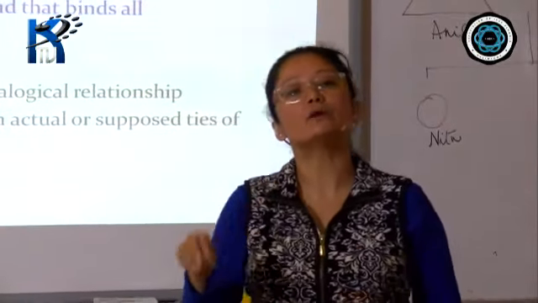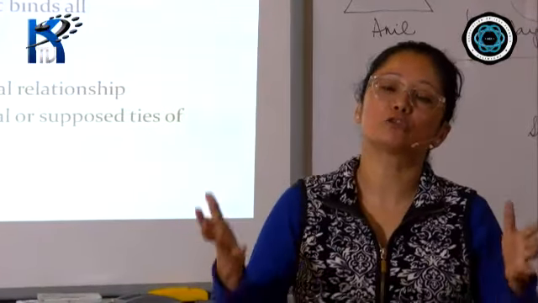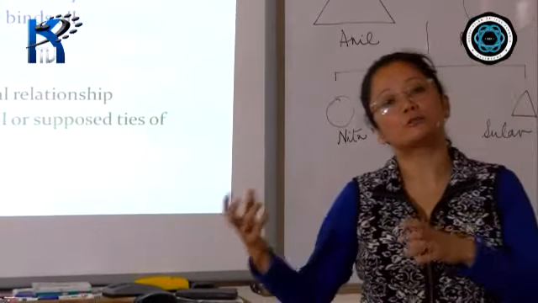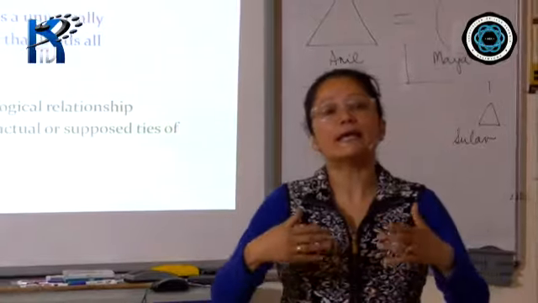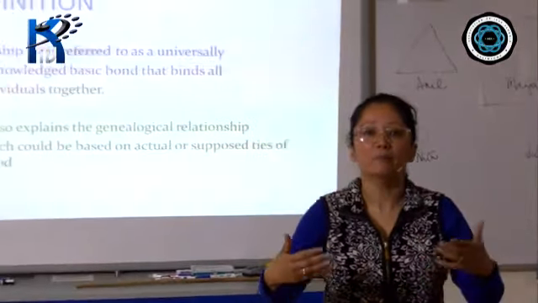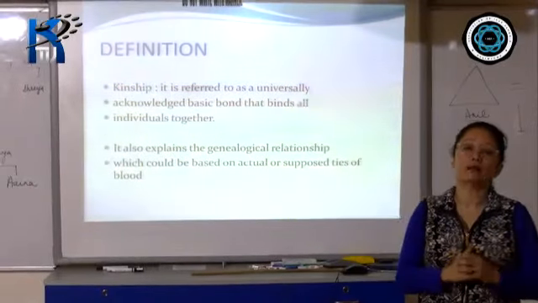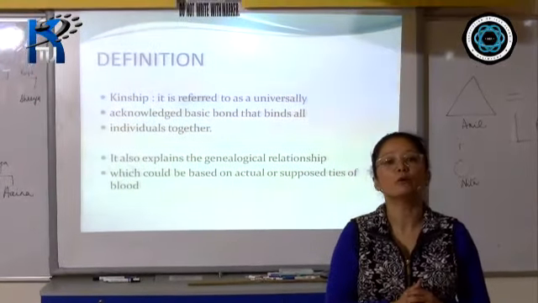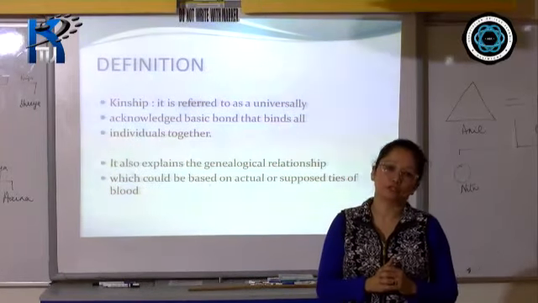Once a man and woman marry, and they have children, they reproduce, the children will also grow up, they will also marry somebody else, they will also have children. In this way, we will have multiplication of family members, and along with it, the multiplication of social relationships.